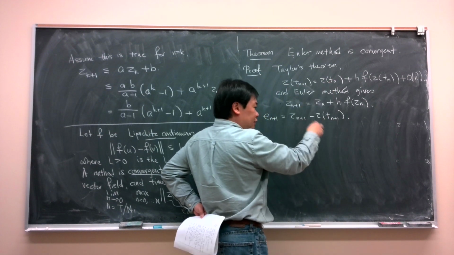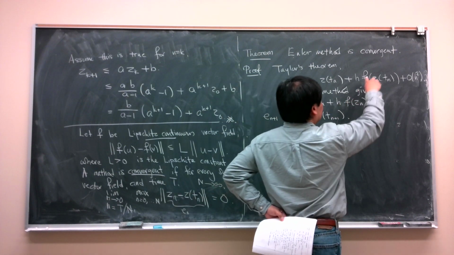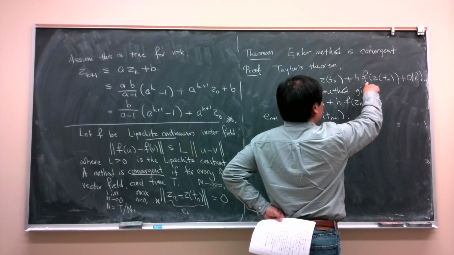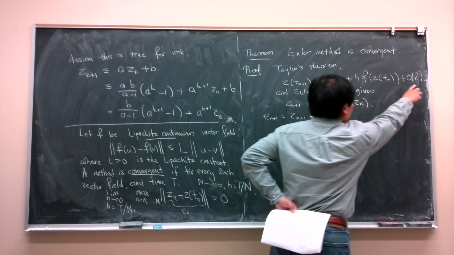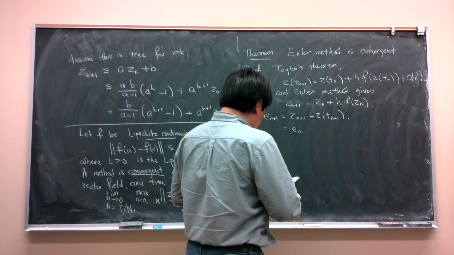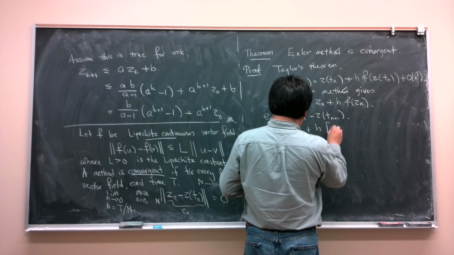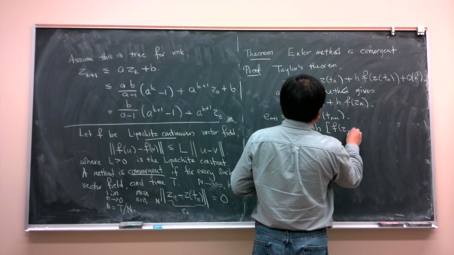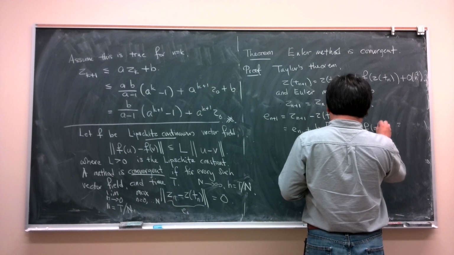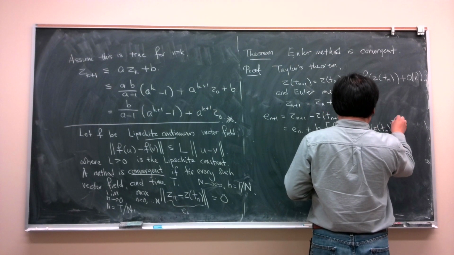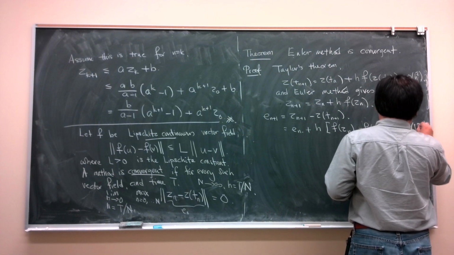So part of this term becomes the error at the nth stage, and then the other part has to do with the difference of two vector fields which are evaluated at different points, plus some higher order error term. Okay, so it's En plus h times f evaluated at Zn, minus f evaluated at Z at Tn, plus something which is big O of h squared.